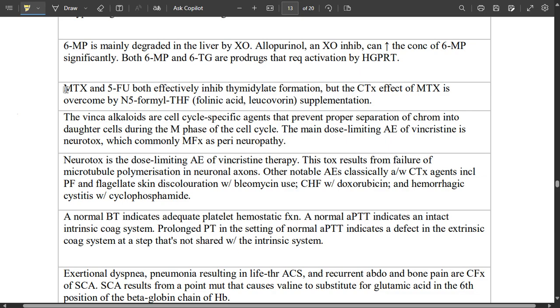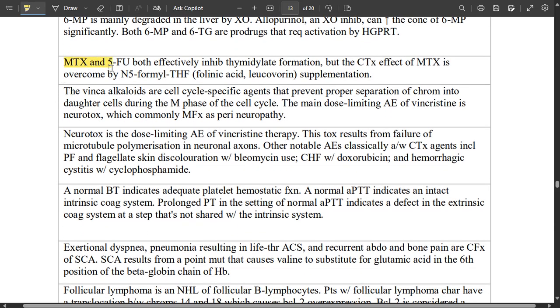But 6-mercaptopurine competes for HGPRT and is converted to thioinosine monophosphate (TIMP), and TIMP inhibits the conversion of inosinic acid to xanthylic acid and adenylic acid through adenylosuccinate. Let me not bother you much with these similar facts.